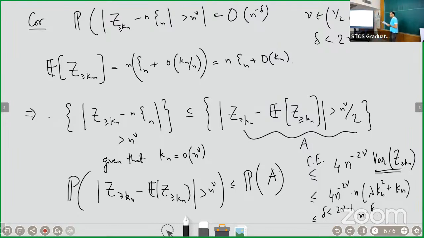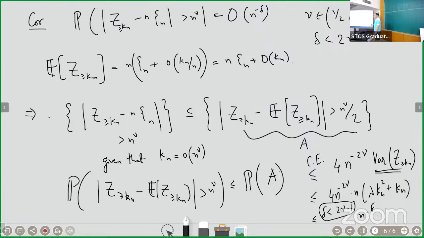You can control all this. And what is lambda? So what is the last step here? For choosing any delta which is strictly less than 2 nu minus 1. See, lambda is how much in terms of n and p? np? Yes. Okay. What do we get here?